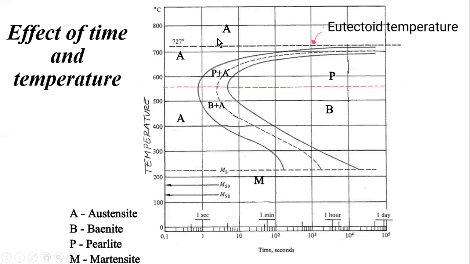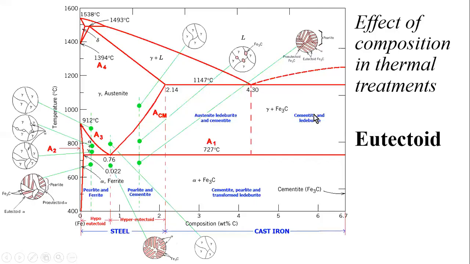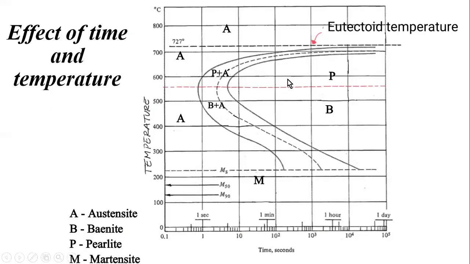It's pretty similar to this one because you have the different microstructures. But the biggest difference is that on the X axis you have the time, not the composition of carbon. That is why it is mostly used to see the changes in time for a thermal treatment.